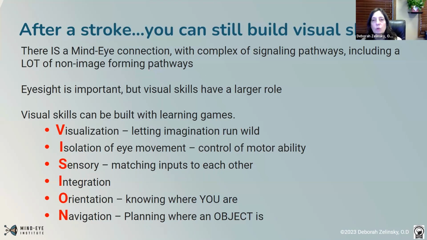You can also work on knowing where you are, orienting yourself with respect to gravity, and then planning and navigating where you're going and where an object is. So if you're trying to walk in your house and get from your chair to the kitchen, you can navigate along the way and not bump into a wall or a doorway. Because if you have a field cut and you're missing some of your eyesight, then people tend to get bruised and bump into things.